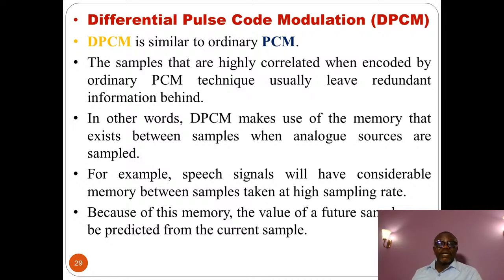In other words, DPCM makes use of the memory that exists between samples when analog sources are sampled. For example, speech signals will have considerable memory between samples taken at high sampling rate. Because of this memory, the value of a future sample may be predicted from the current sample.